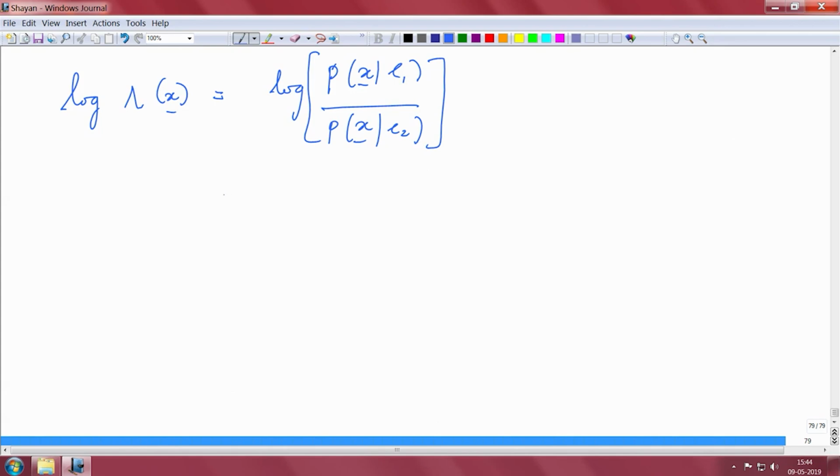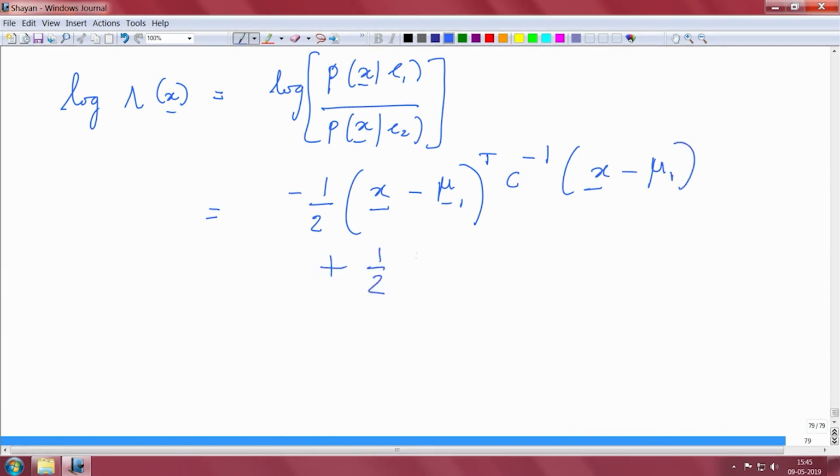So, if you simplify this carefully, you are going to get minus 1 half x minus mu 1 transpose C inverse x minus mu 1 plus 1 half x minus mu 2 covariance inverse x minus mu 2.